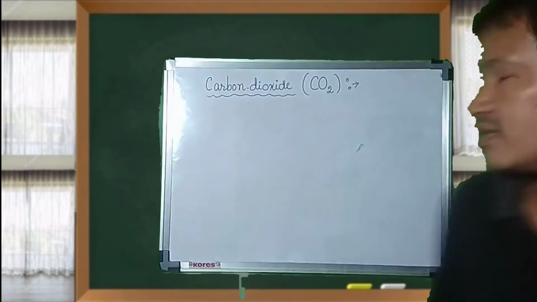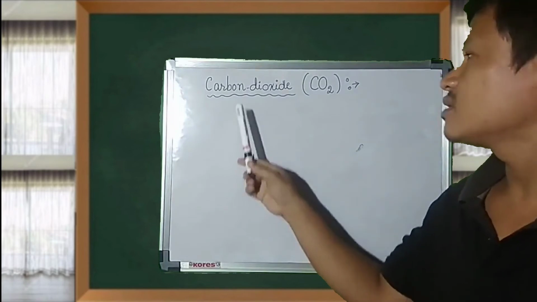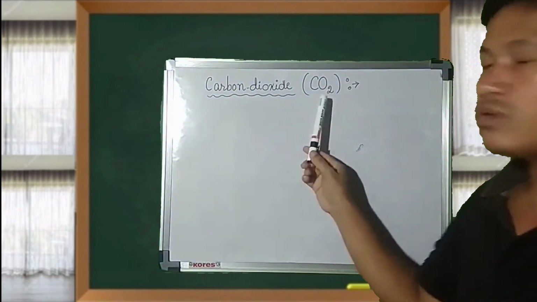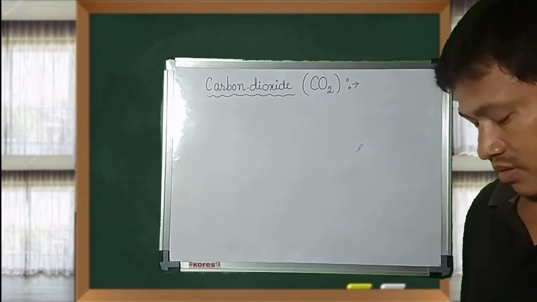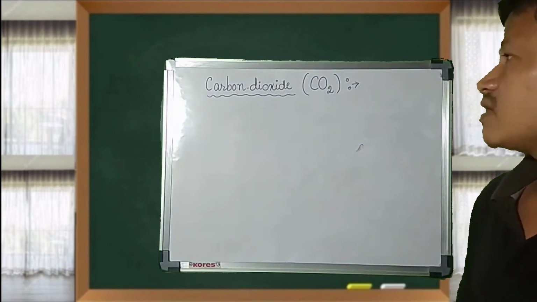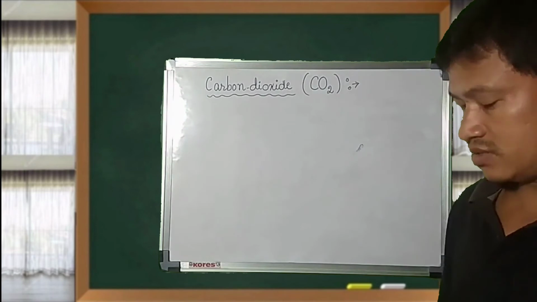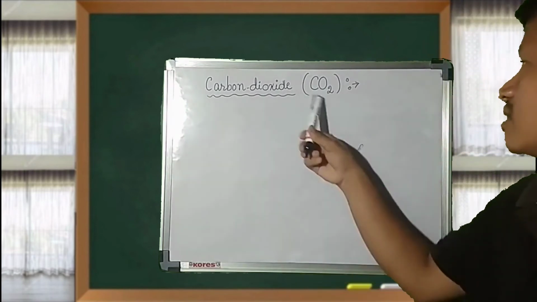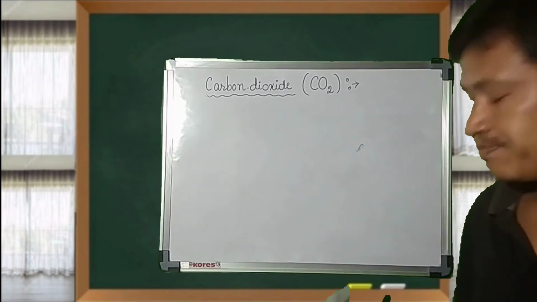So how is carbon dioxide formed? Carbon dioxide is formed by the combination of one carbon element and two oxygen elements.